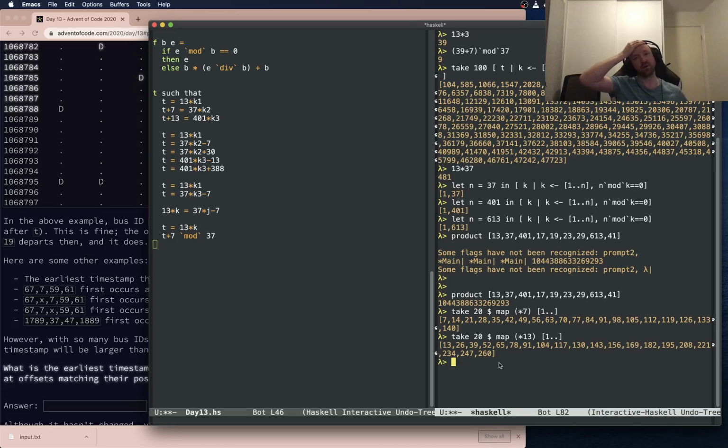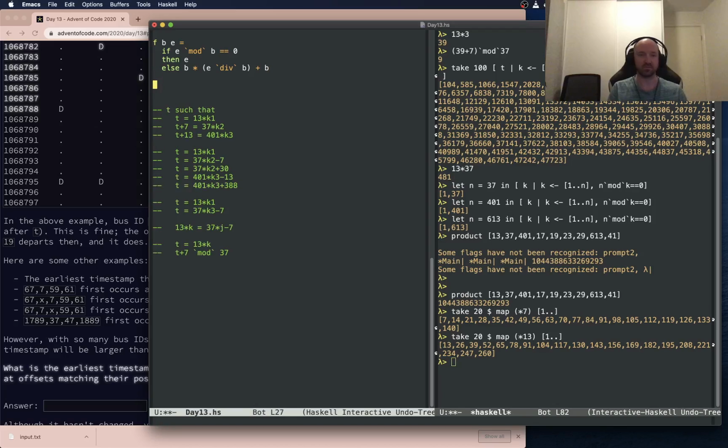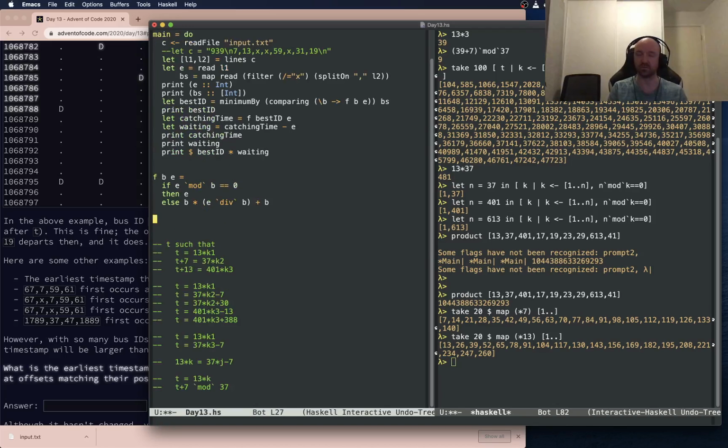If I then combined that list with the next bus, where are my buses again? So if we look at the 401, so if we start writing this down, this is not the way I would like to do it, but it's okay.